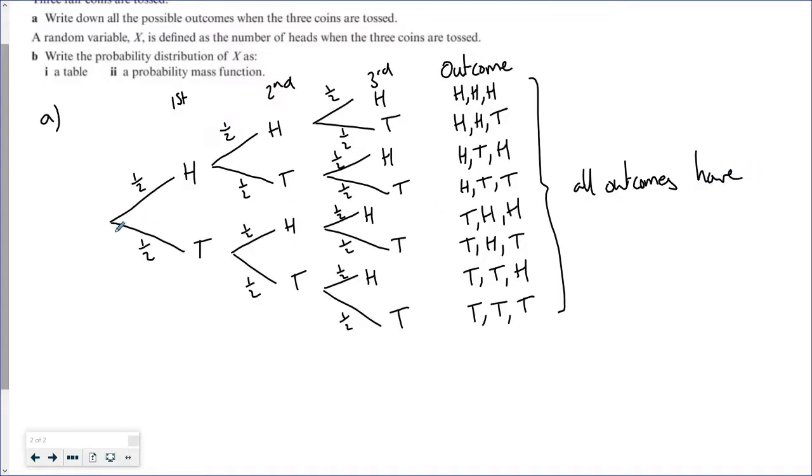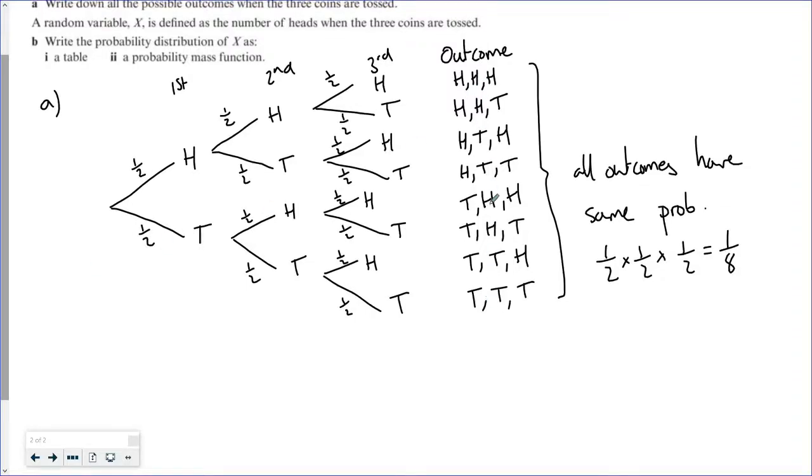That's because when we multiply along the branches to get to the outcome, we're always going to do a half times a half times a half. So all outcomes have the same probability, which is a half times a half times a half, or 1/8. So all of the outcomes are equally likely because there's 8 outcomes.